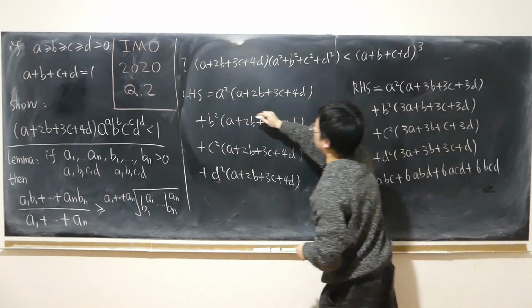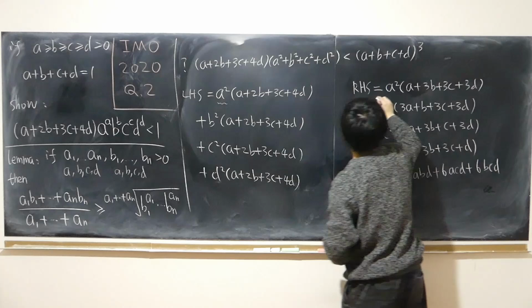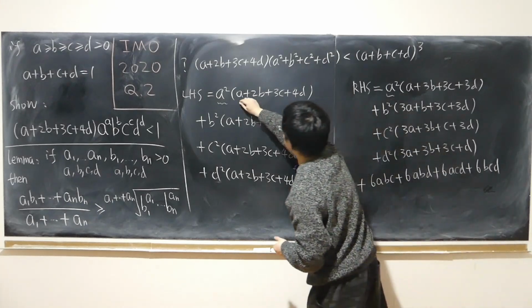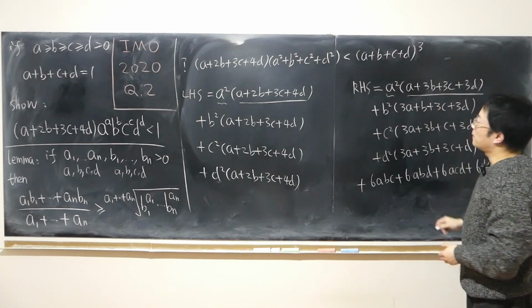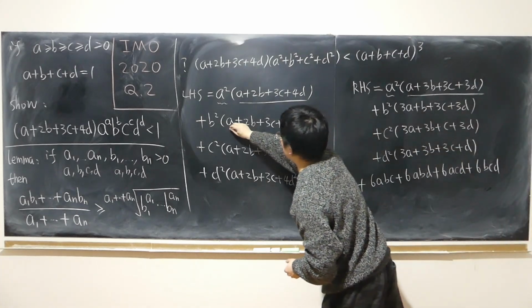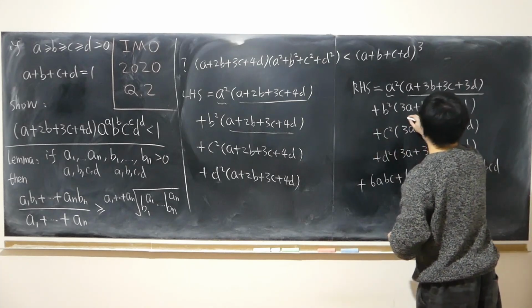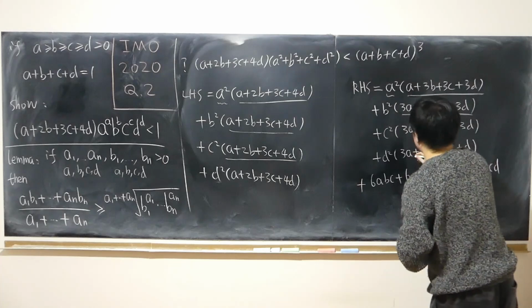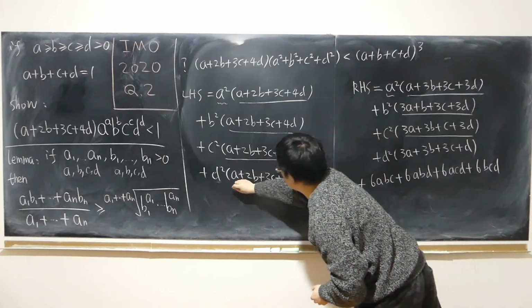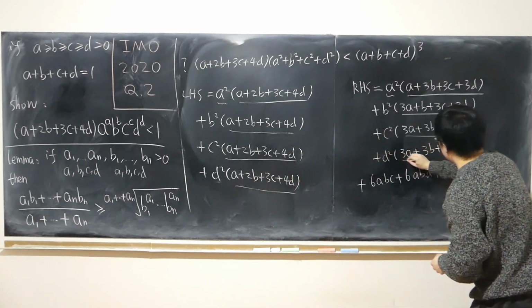Of course, like at both, we have A squared. Can we show this is less than that? Less than or equal? Likewise, can we show this is less than or equal to that? This, is it less than or equal to that? This, is it less than or equal to that?